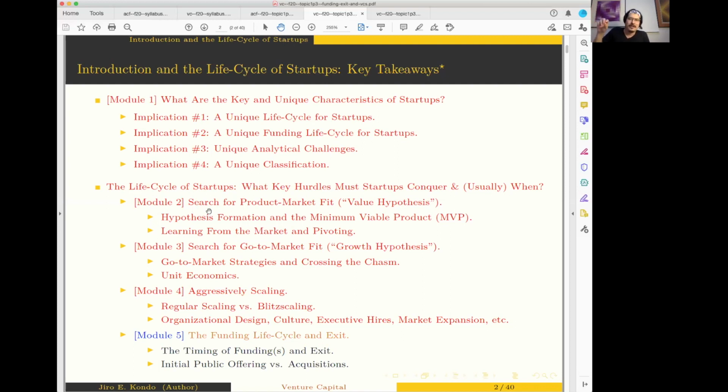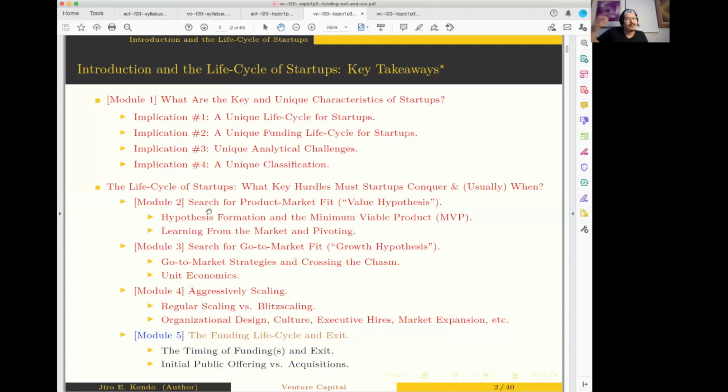Now what I want to do is not a deep dive. I would call it a mini dive on how this life cycle syncs up with the funding life cycle, so the different rounds that startups raise. Because one of the things I said in our introductory class was that one of the things that was pretty unique about the funding of startups is that it gets done in stages, as opposed to much larger clumps of funding like we tend to see with more mature companies.